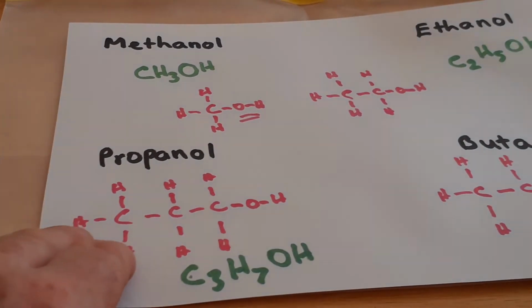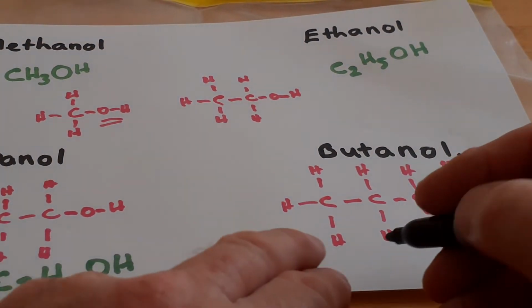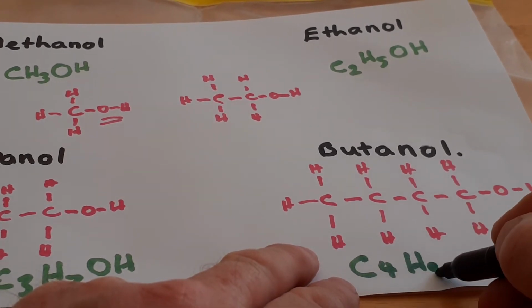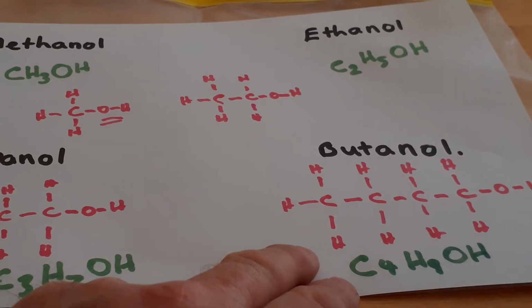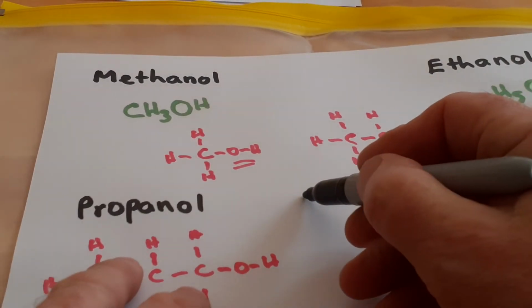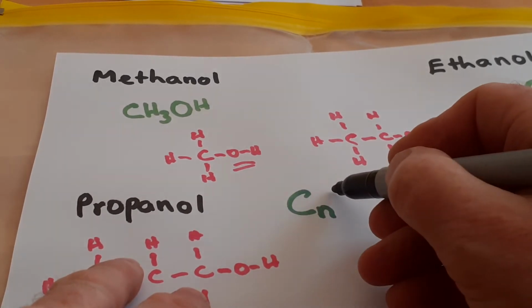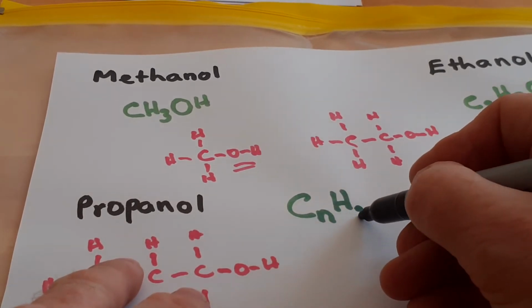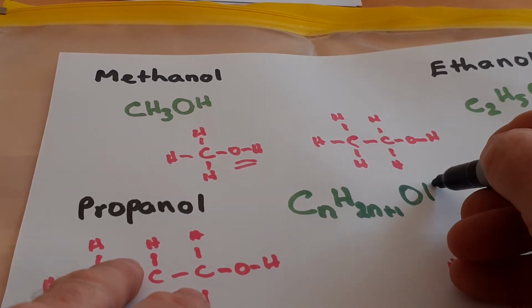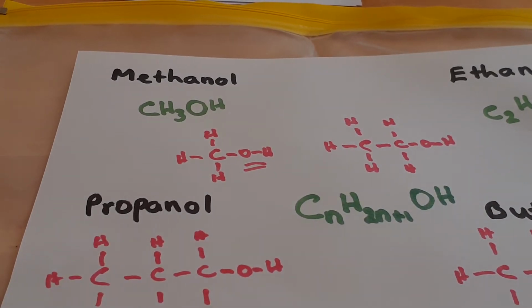And lastly, butanol is going to be C4H9OH. So this time, the general formula for the group will be CnH2n+1OH. So this is this homologous series. Now, one of the big things is that the OH makes this a much more reactive group.